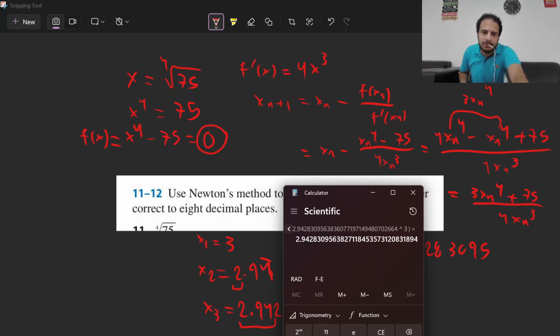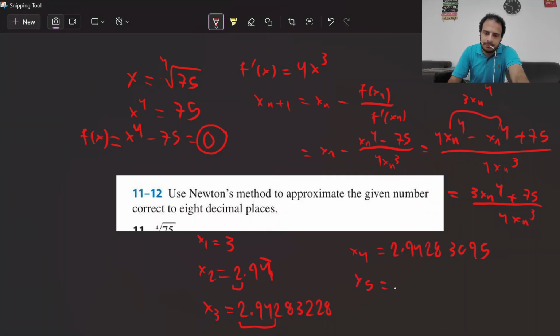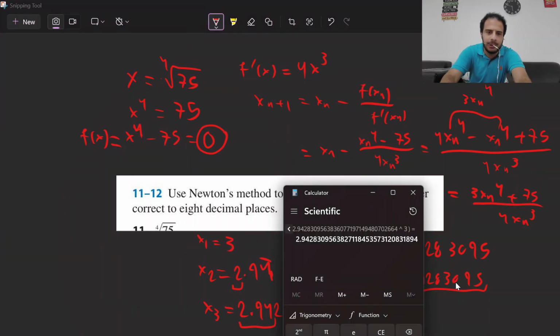You get this. We are done, right? Yes, we have 8. If you want, you can find the value using your calculator. 75 power 0.25. So they are correct, 8 digits.